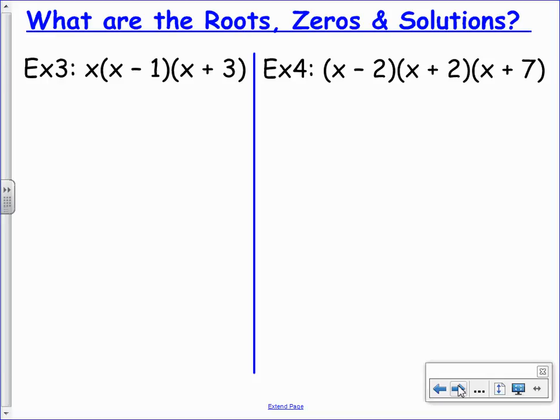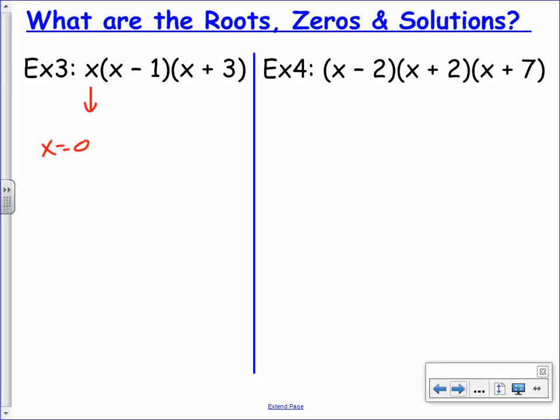The first one I put up there because it's the most missed one. How many solutions is that going to have? 3, because how many factors are there? 3. What's the first one? The first one is x equals 0.